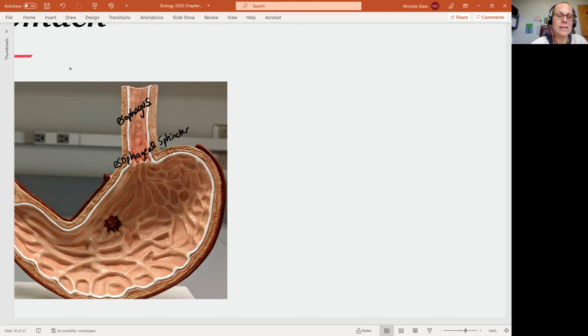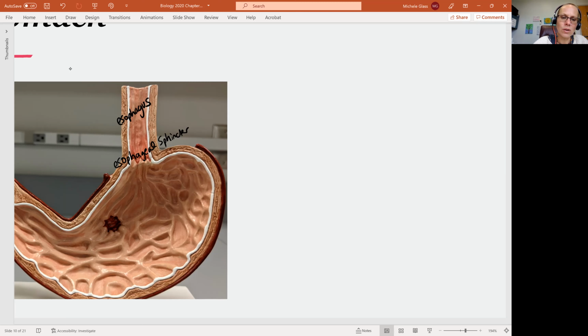When acid from the stomach moves into the esophagus, we talk about that as acid reflux. And we'll see that the esophagus doesn't have the protective mechanisms to deal with that acid that the stomach does. And so we can actually see damage being done to the tissue, the lining of the esophagus.